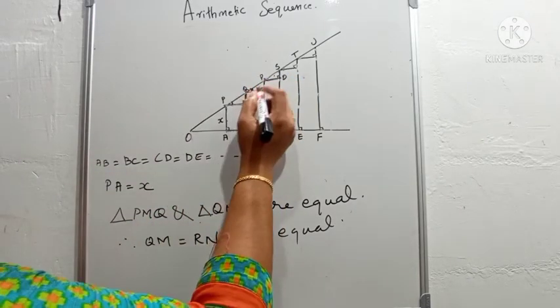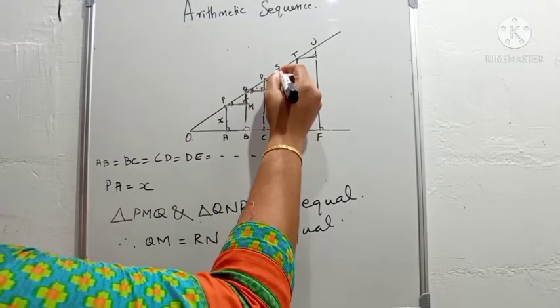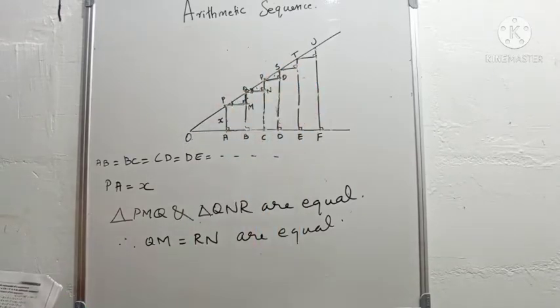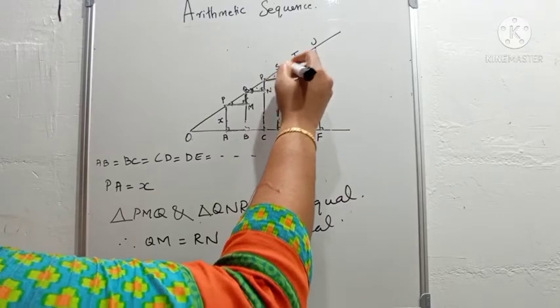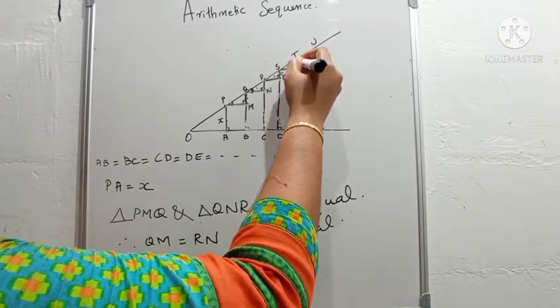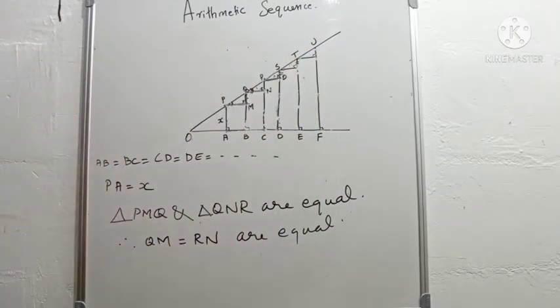Then we get this length RN and this length SO are also equal. Similarly, if we consider these two triangles, we will get these two sides are equal.